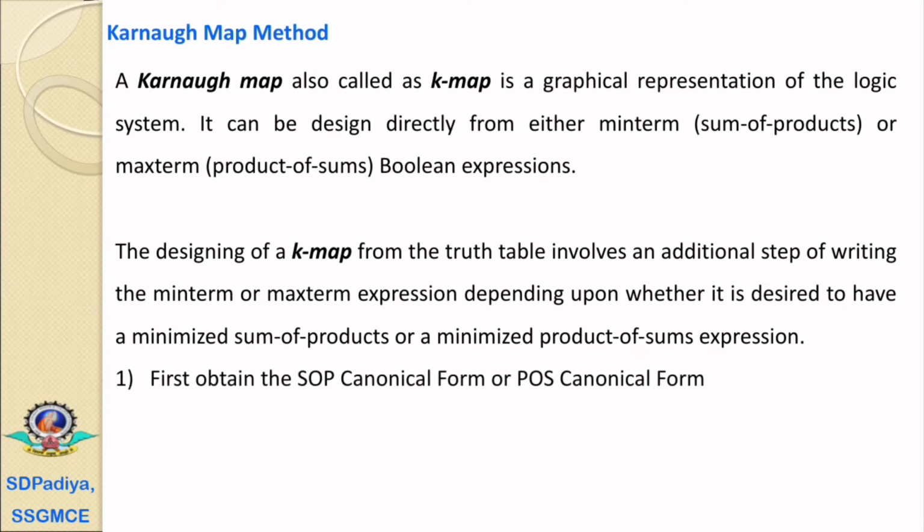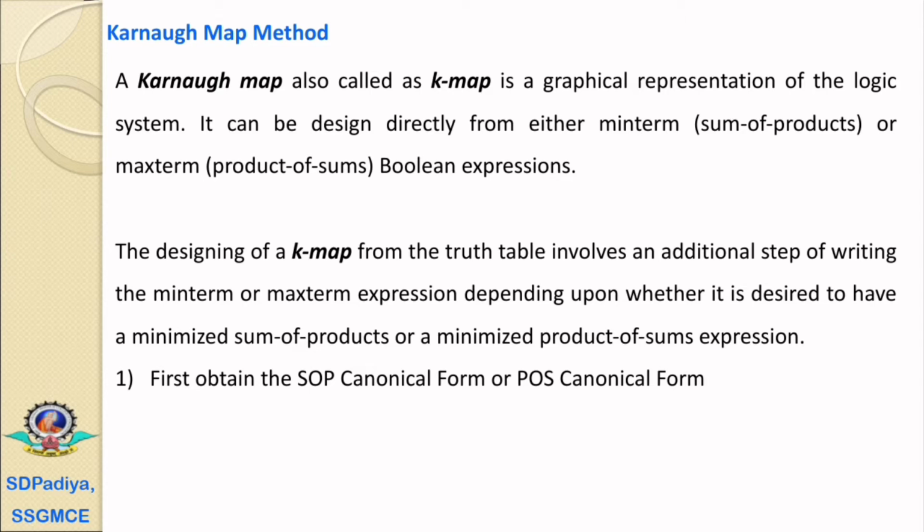There are a number of stages to simplify the expression by using a K-map. The first is to obtain the sum of products canonical or the product of sums canonical form. If we have to use the K-map, then the expression must be in canonical form.